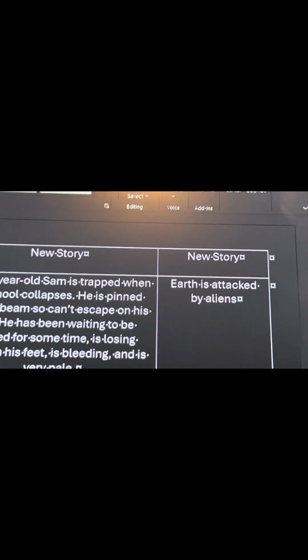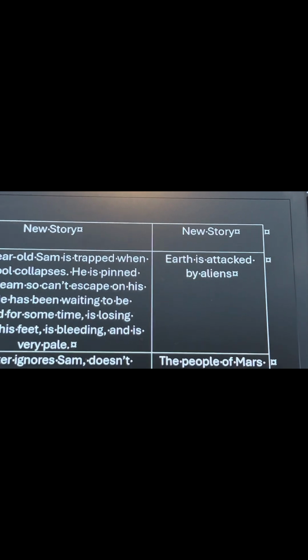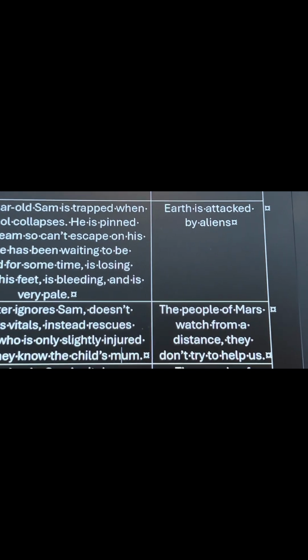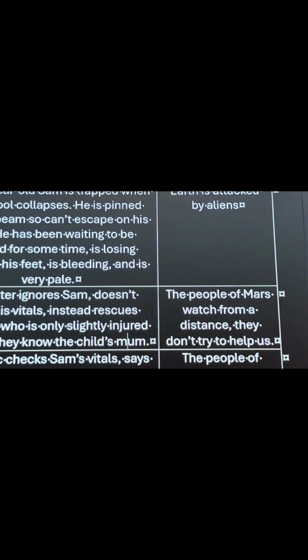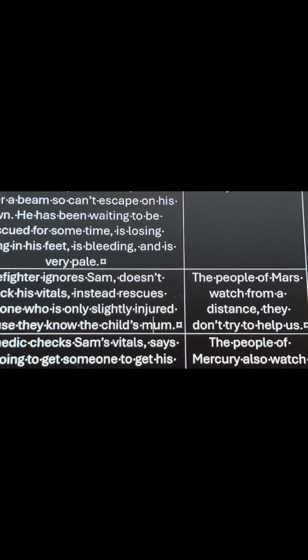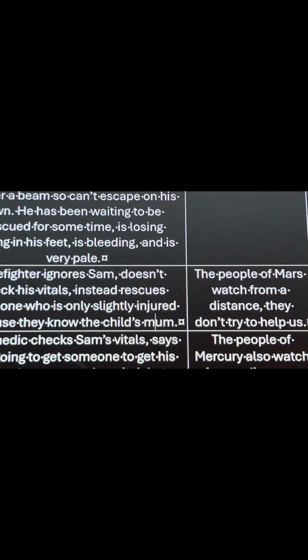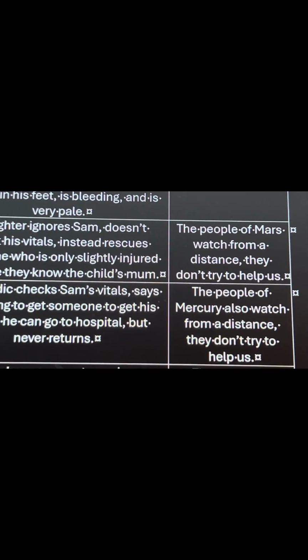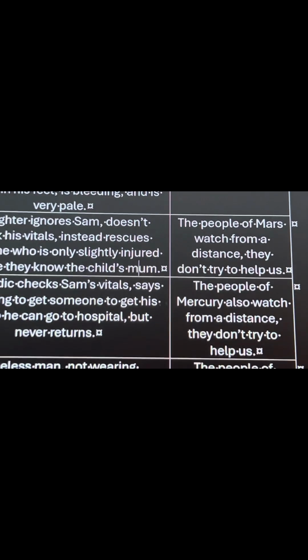So we'll start with that. Earth is attacked by aliens. The people of Mars watch from a distance. They don't try to help us. The people of Mercury also watch from a distance. They don't try to help us.